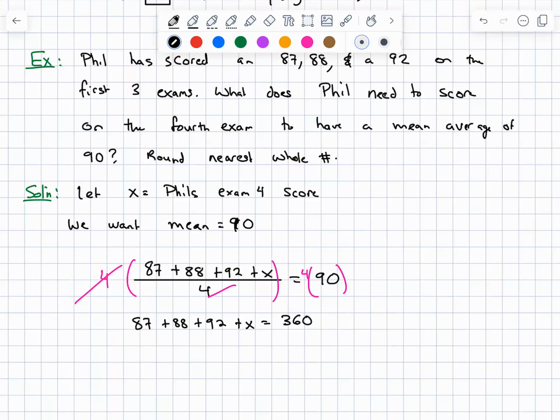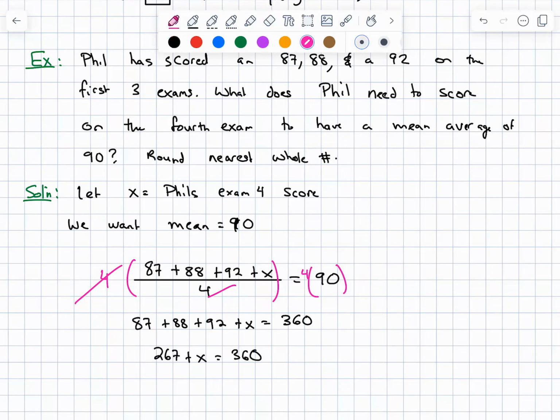We could subtract off 88, 87 and 92 in 3 sequential steps, but it would be better to just combine the like terms. So 87 plus 88 plus 92 is 267. So we really have 267 plus x is equal to 360.